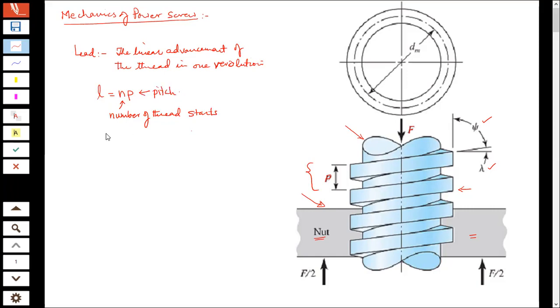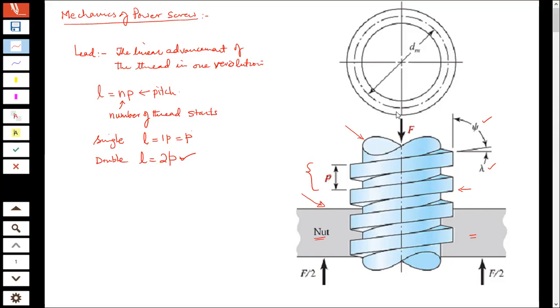So for a single start thread, your lead is equal to 1 times p, which is equal to p. If it is a double start thread, then L is going to be equal to 2 times P, that is 2P. Similarly, for 3 threads along the screw, it's going to be 3 times P.